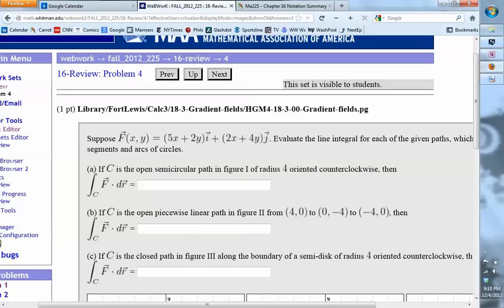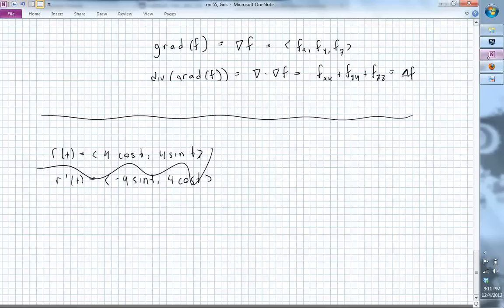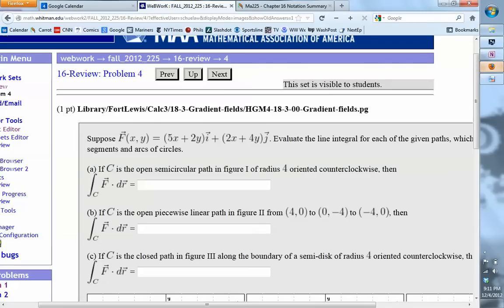So let me do it. 5x plus 2y. It's conservative when the curl of F is equal to 0, in this case when p sub y equals q sub x. 2x plus 4y.